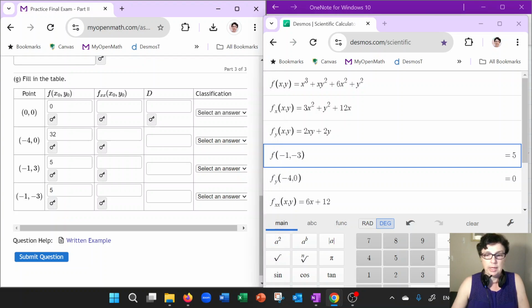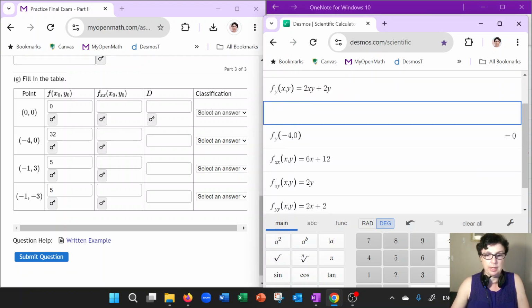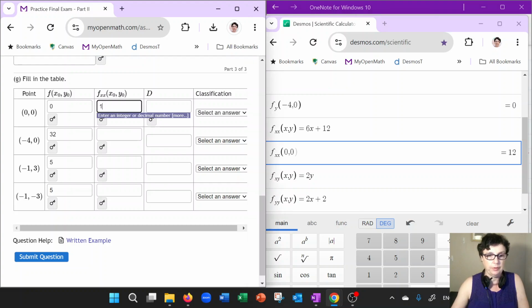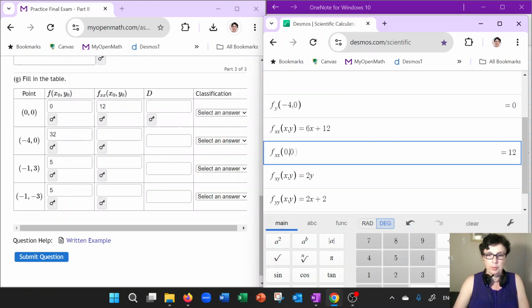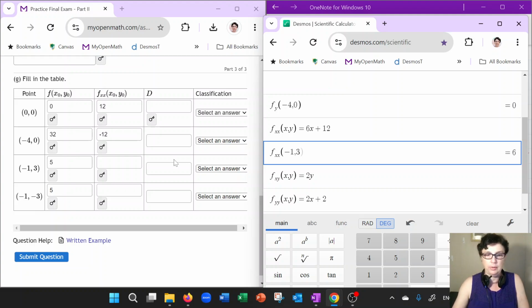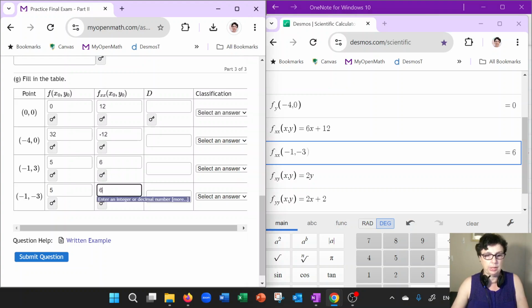Okay. Next, what I want to do is plug each of these points into fxx. So fxx at (0, 0), okay, that's 12, all right. Then I want to plug in (-4, 0), okay, -12. Then I plug (-1, 3), okay, that's 6. And then (-1, -3), that is also 6.